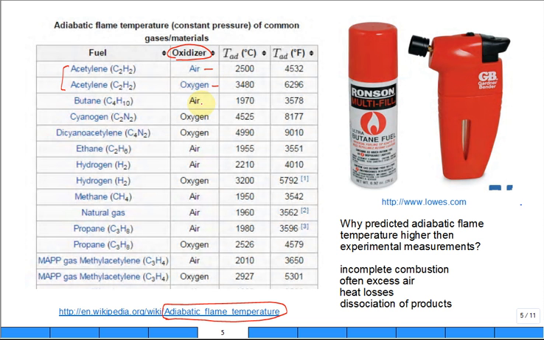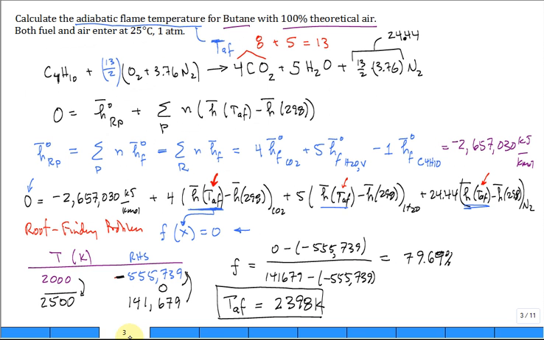And notice that the adiabatic flame temperature, when it's coming from air, is lower than if the oxygen was coming from pure oxygen. Why? Because there's no nitrogen that has to be heated up in the products. If we go back and take a look, that's quite a few moles of nitrogen that have to be heated up from 298 to whatever the adiabatic flame temperature is.